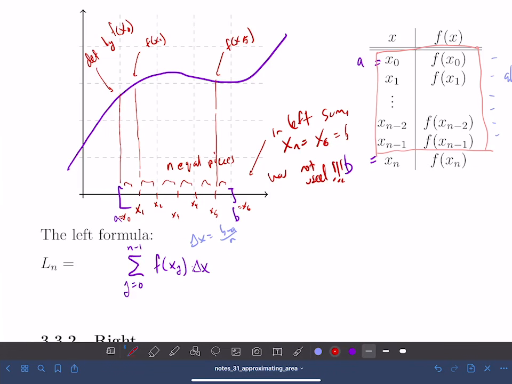So I've got the height, and I've got the width. And that approximates the area under this curve. Right? We're doing left sums.